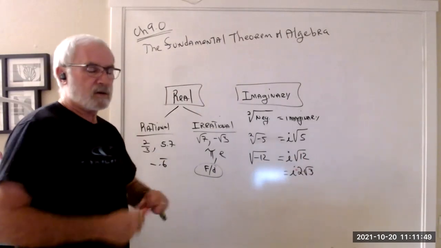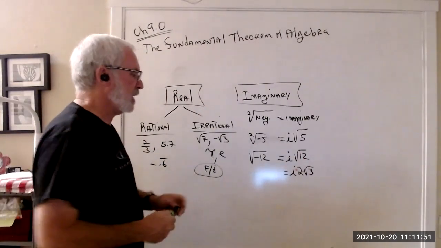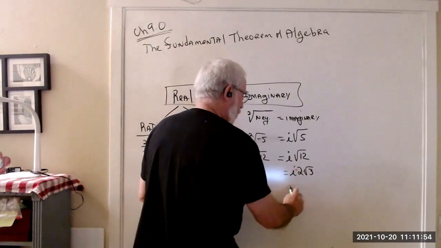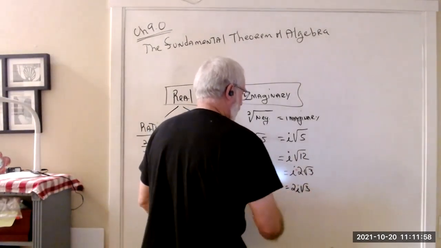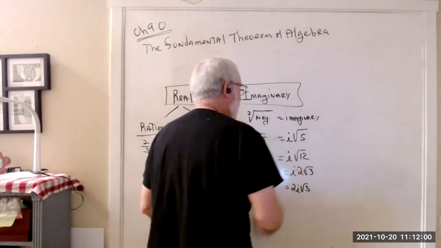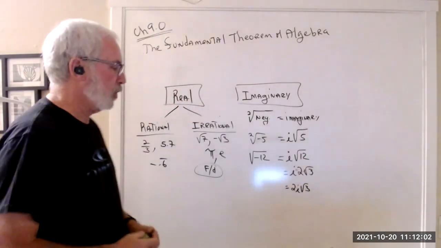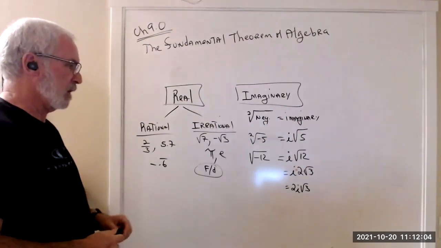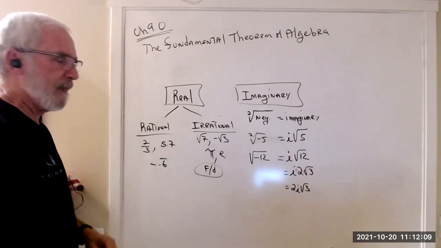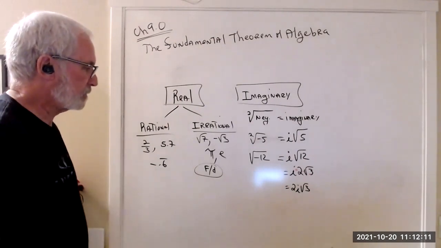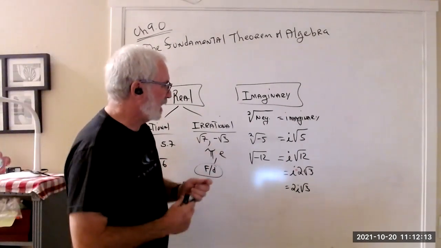So mathematicians have said we want to call this 2i radical 3. And we're going to run into a little bit of a problem because mathematicians have broken their own rules. I'll explain what I mean in a minute.